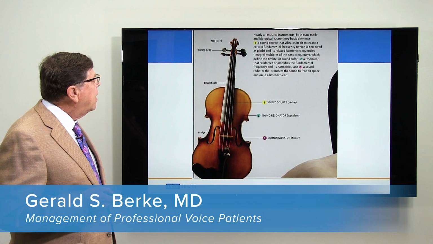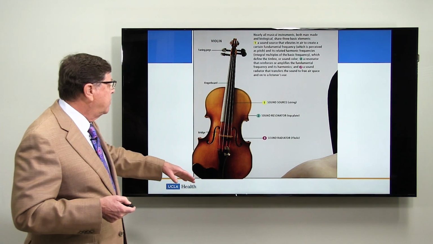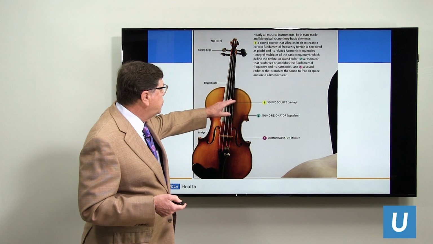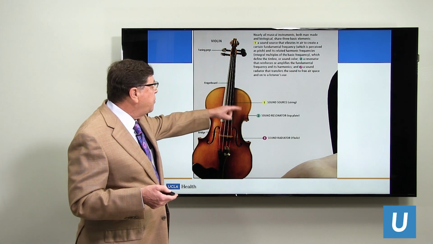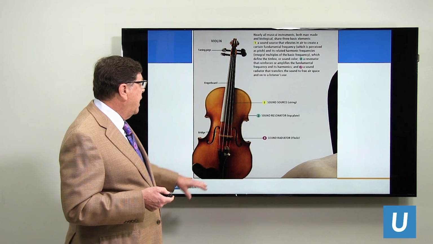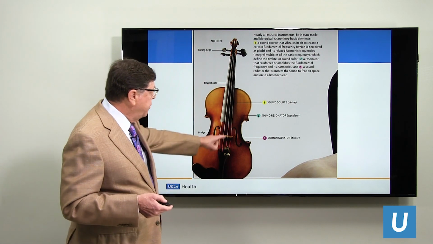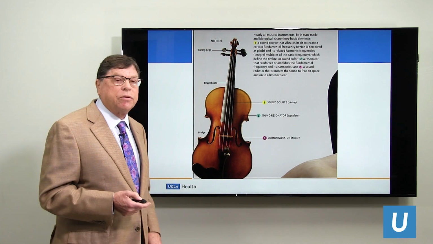So, in many respects, our voice is a little bit like a violin. There's a sound source, namely the strings that vibrate. There's a sound resonator, which is kind of the plate on a violin. And then there's a sound radiator, these F-holes that radiate the sound that our voices produce.